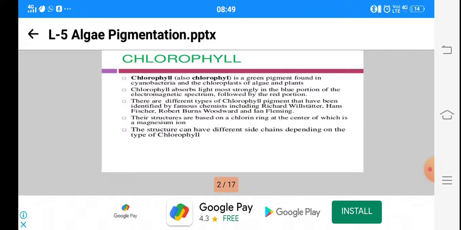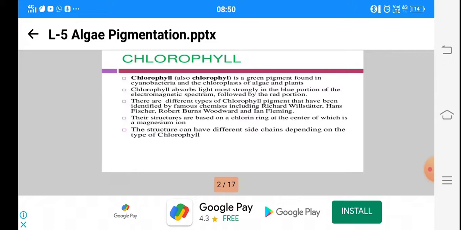In algae and plants, chlorophyll has the capacity to absorb sunlight, especially the blue portion of the electromagnetic spectrum.